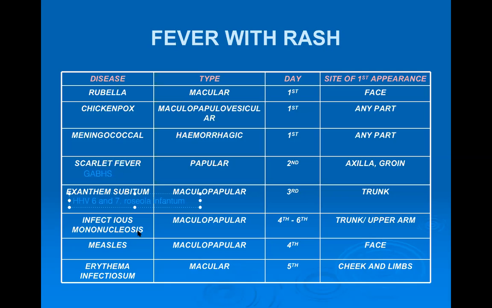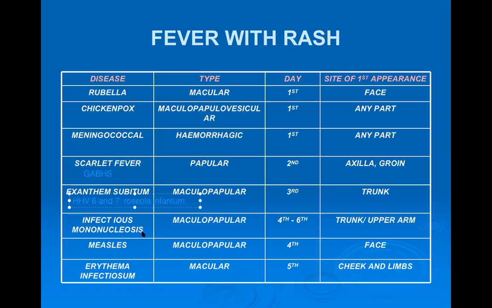This infectious mononucleosis commonly causes tonsillitis as well, so there is a painful throat in this condition. It is also associated with hepatosplenomegaly. And one very important point: if by mistake we feel this tonsillitis is caused by group A beta hemolytic streptococci, we may give ampicillin for the treatment.